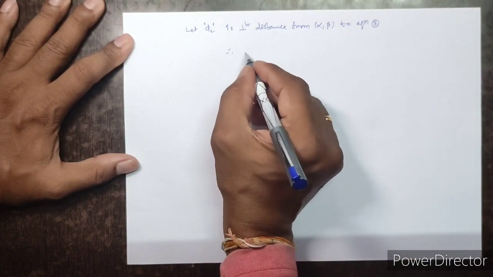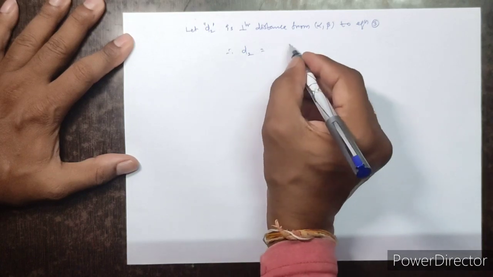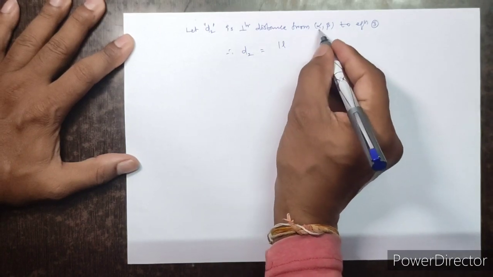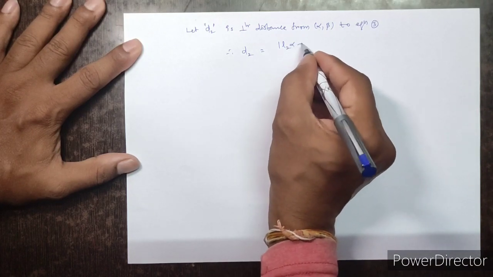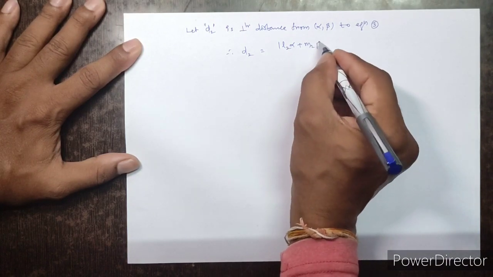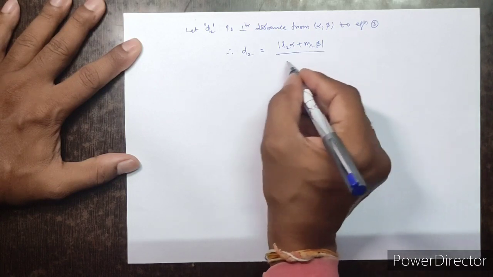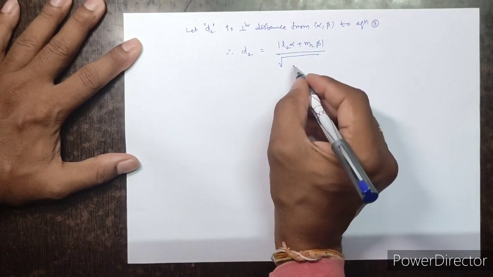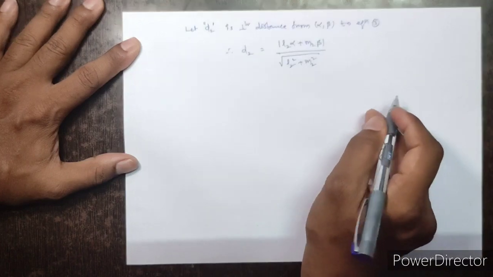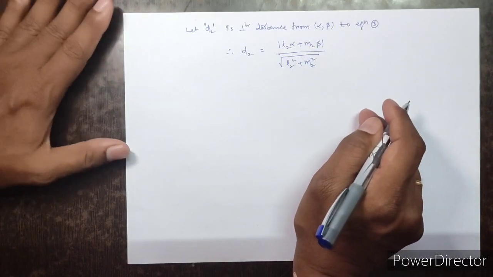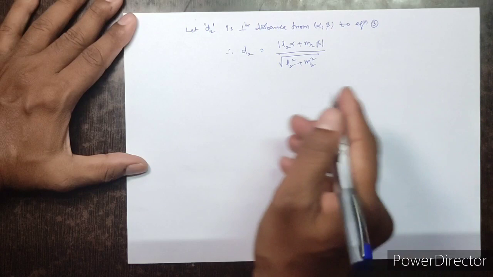Therefore d2 equal to modulus L2 alpha plus M2 beta by root of L2 square plus M2 square.